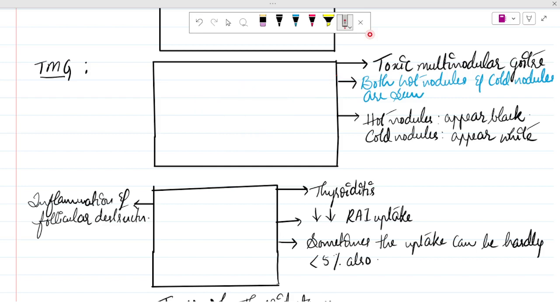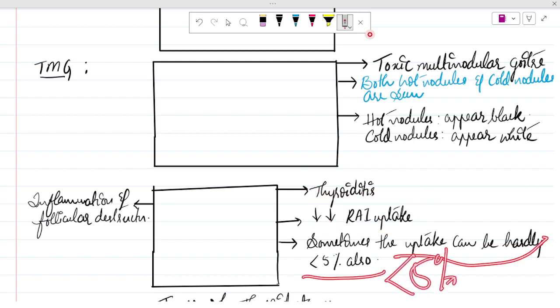So, like that, if the follicles of the thyroid are destroyed due to the inflammation, there will be no thyroid tissue left for the radioactive iodine uptake. So obviously there will be decreased radioactive iodine uptake in thyroiditis. Sometimes the uptake can be even less than 5%.